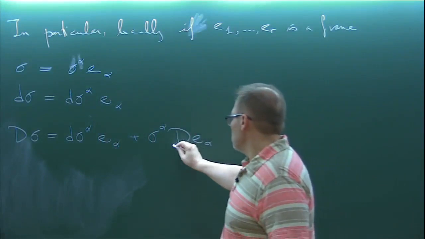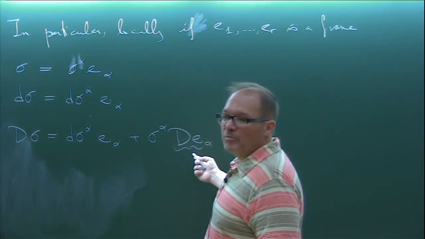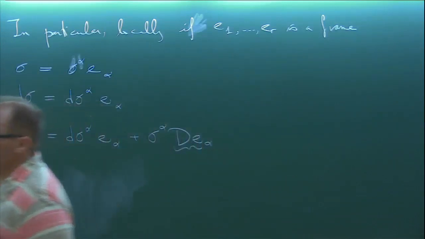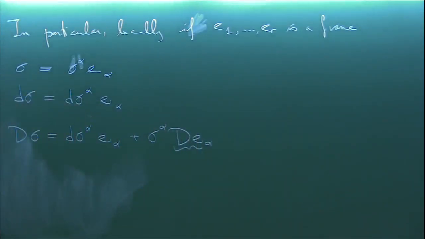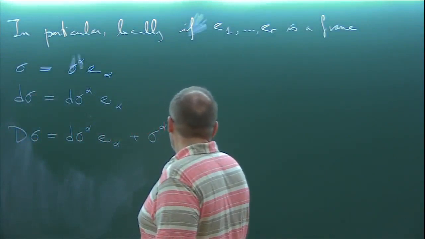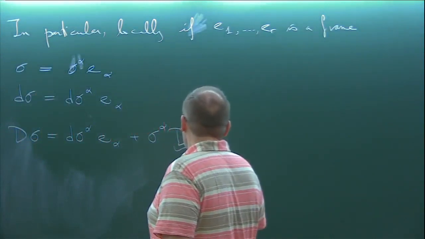And so this is now some one form with values in E, according to our definition of a connection. So we can write this as A_alpha^beta e_beta.